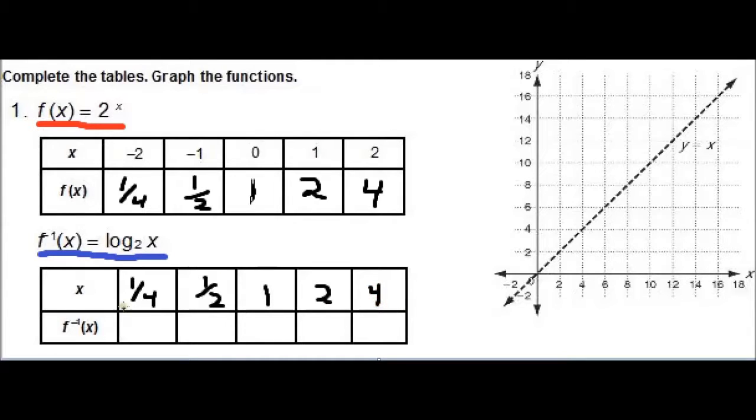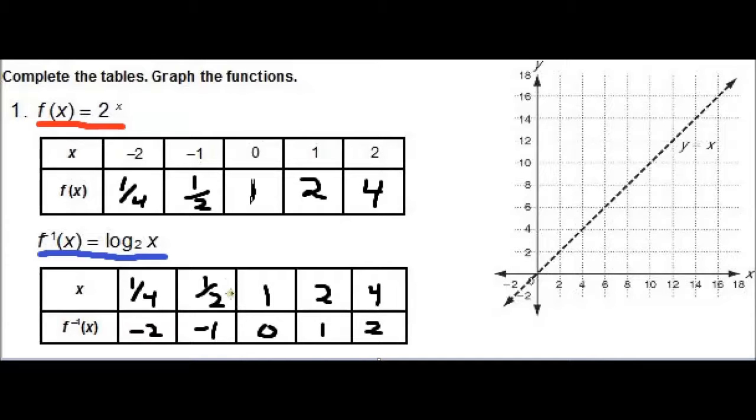And of course that means the y, in this case the inverse f of x, is what we did have in the x row: -2, -1, 0, 1, and 2. Because these are inverses, all you have to do is flip the x and the y.